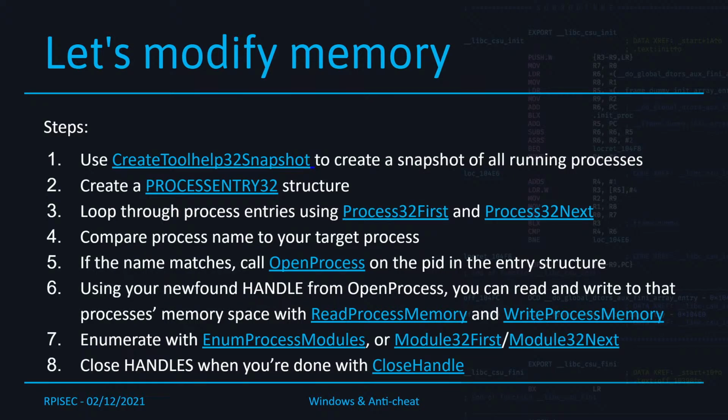I'm not going to read this entire list off step by step, but if we want to poke at something's memory, we can just ask Windows to give us all the processes, scroll through them, and see if we find the one we're looking for, Half-Life or Counter-Strike: Global Offensive, whatever it's called, and call OpenProcess. By getting a handle to this process, we can then do things to it. For example, with ReadProcessMemory, we give it a handle and an offset, and it reads memory. We can browse around and close things out when we're finished.